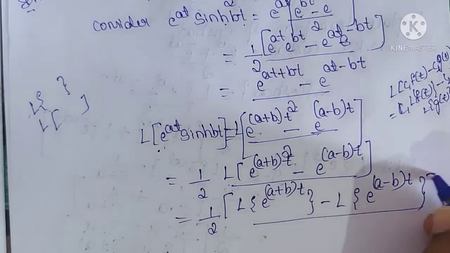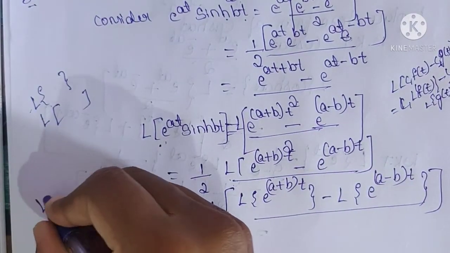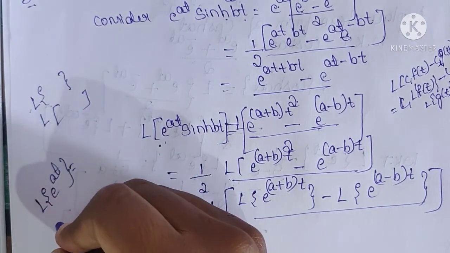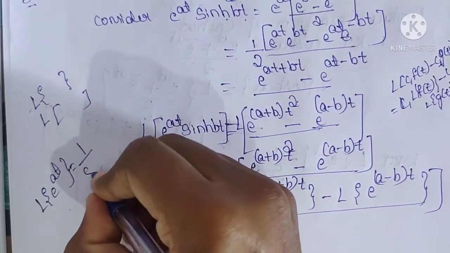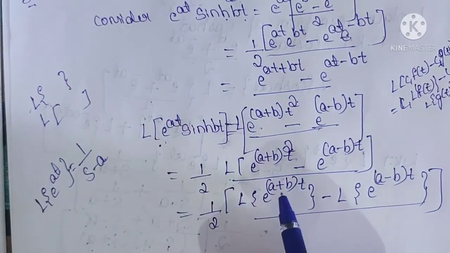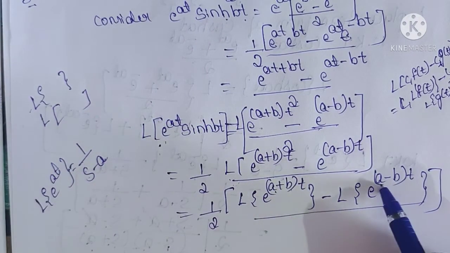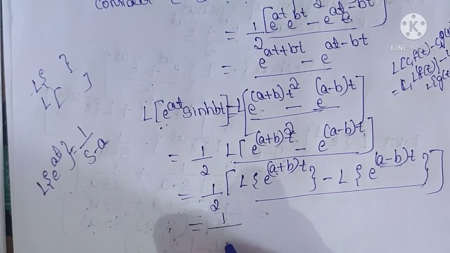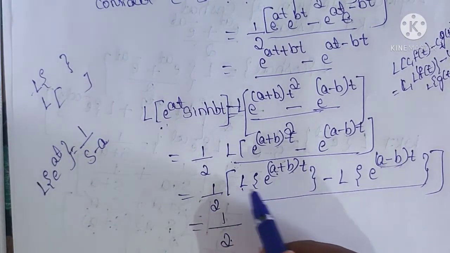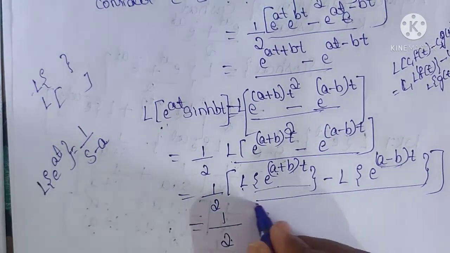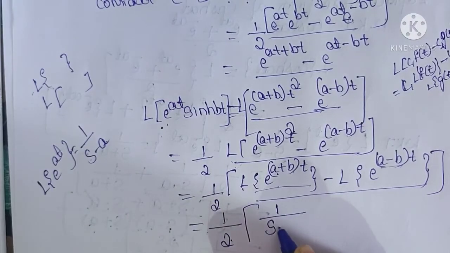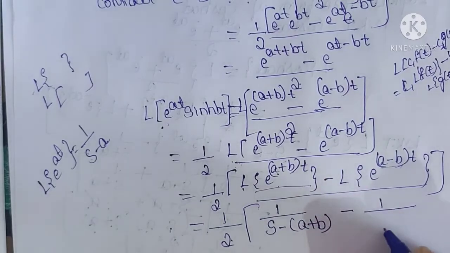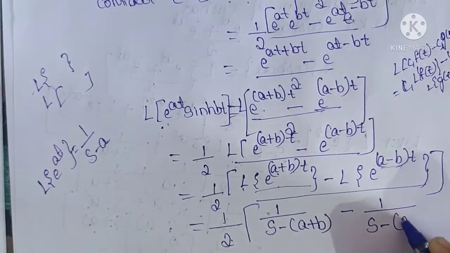See, both the terms are of the form L of e power at. The L of e power at formula is 1 divided by s minus a. Here in place of a, a plus b is there, and here a minus b is there. Then we'll get 1 divided by s minus (a plus b) minus 1 divided by s minus (a minus b).